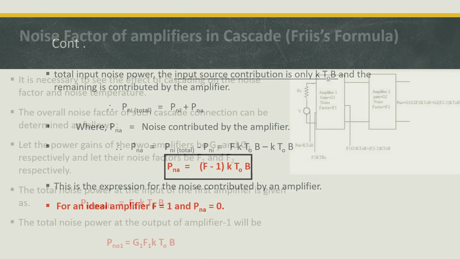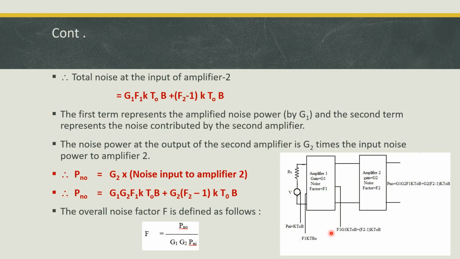Now in this calculation, we have two amplifiers. That's why two gain factors are there, G1 and G2. Output divided by gain factors G1 and G2 and your input noise. So this is the corresponding noise factor calculation.